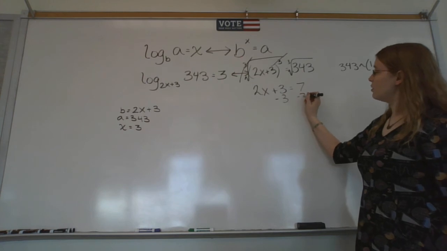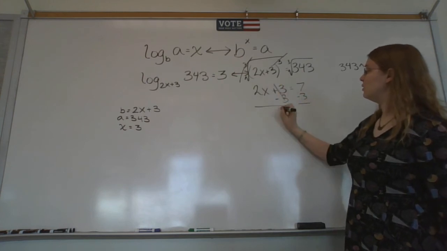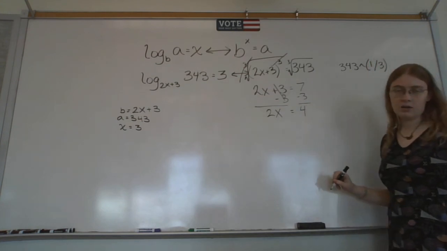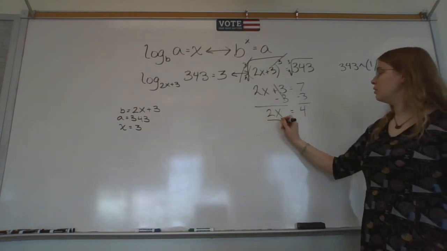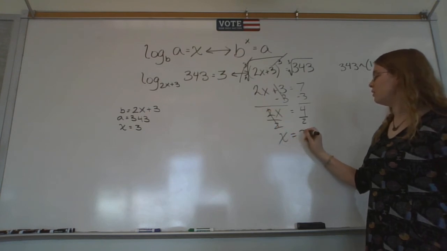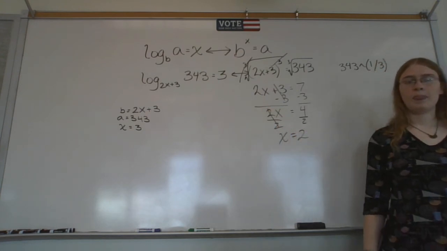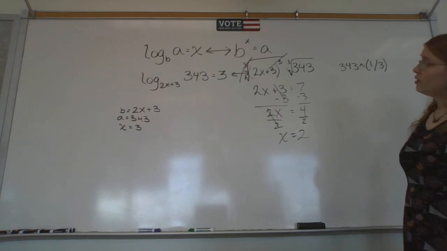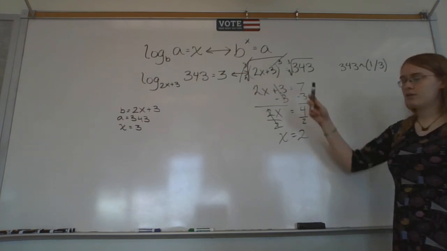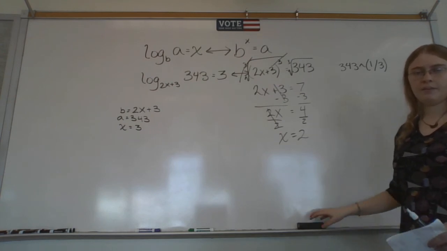I'm going to subtract 3 from both sides. And 2x equals 4. Lovely little x equals 2. So that is another example. We use cube root to cancel out cube. Okay.